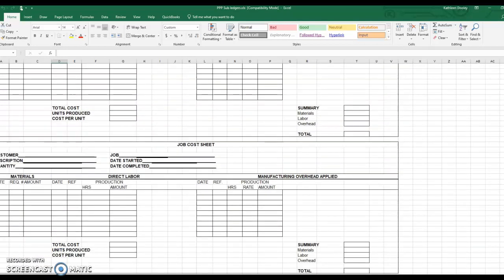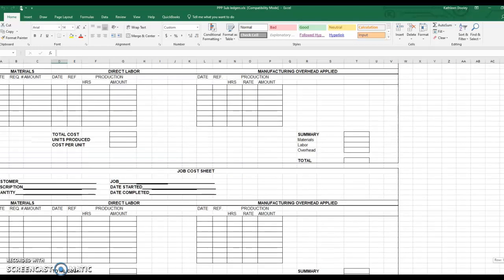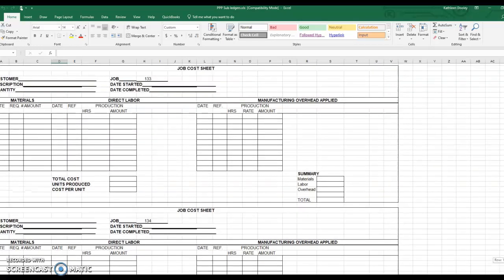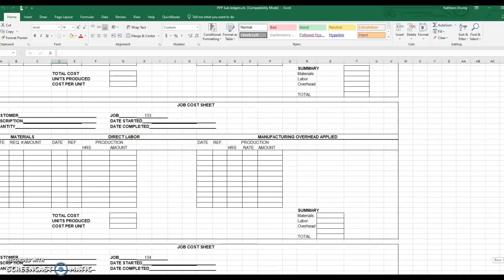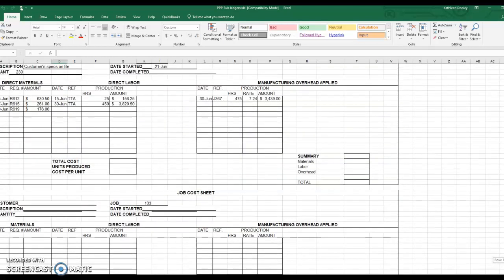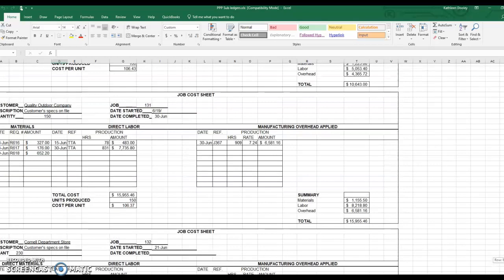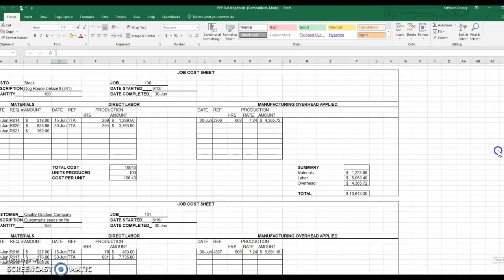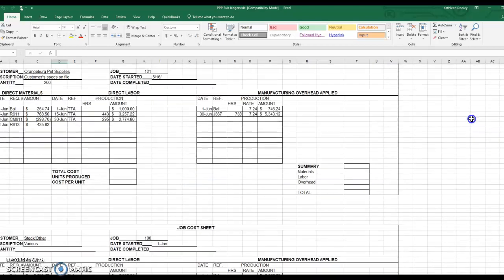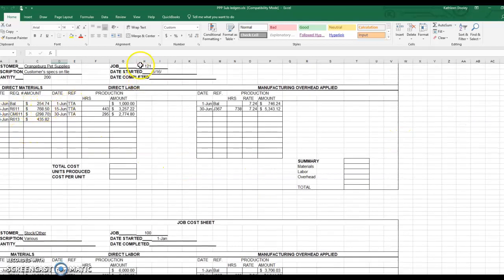Here are some various blank job cost sheets of jobs that don't start until July. And here's the first job, 121, and we had requisition 611 on June the 5th of $768.50 of lumber, which is a direct material.